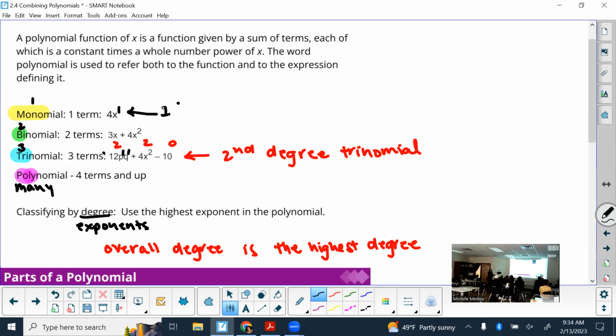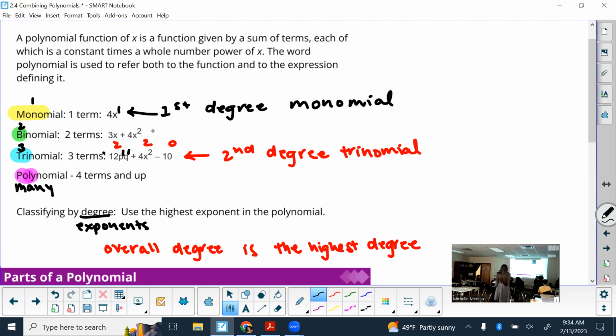This is a first degree. And what type of polynomial is it? A monomial. There's only 1 term. So you can classify it by degree and by term. They're both different. You can have a 5th degree monomial if you want.